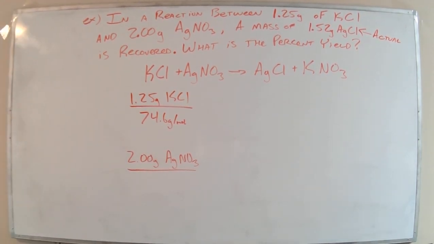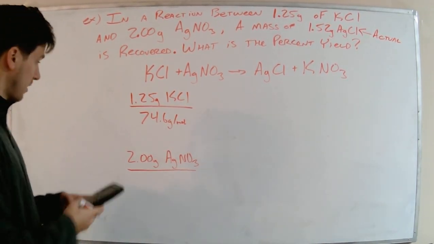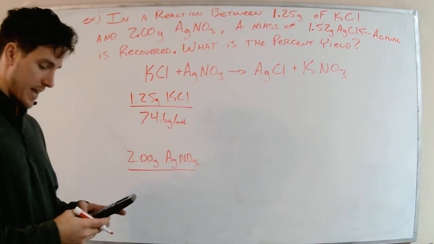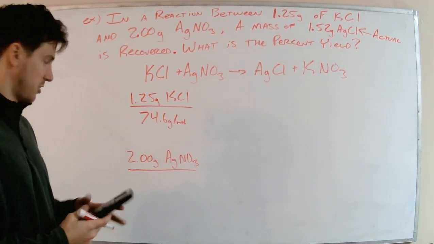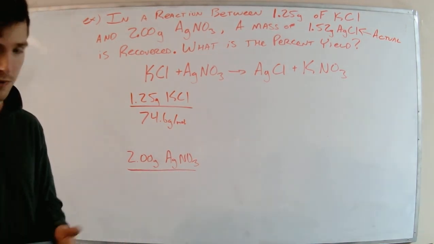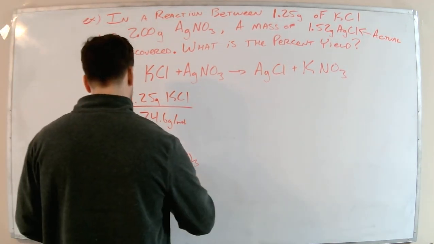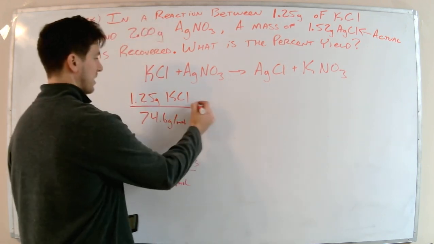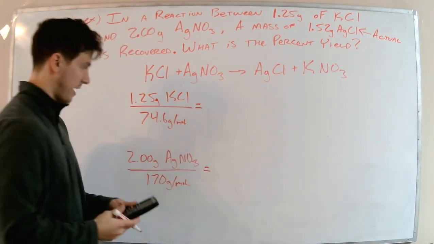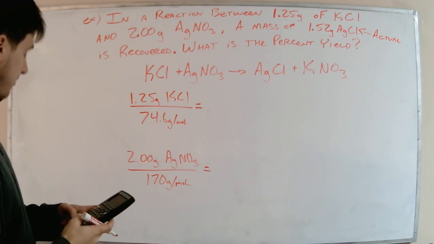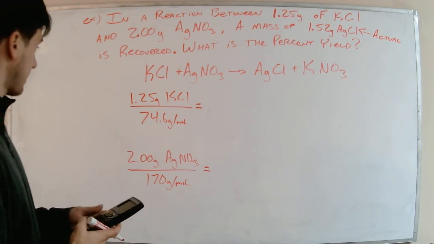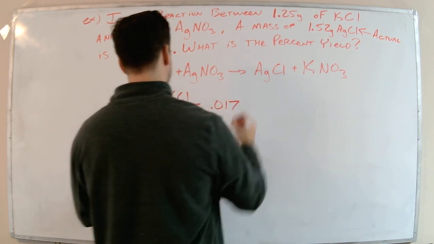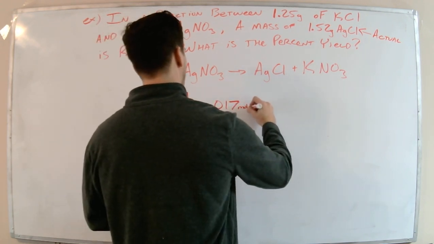Silver, I believe, is 108. Nitrogen, I always forget that one for some reason, is 14. And oxygen is 16. We got to do 3 of them because it's NO3. And we should get a molar mass around 170. So we should be able to get the moles for both of these guys. 1.25 divided by 74.6 is 0.017 moles of KCl.